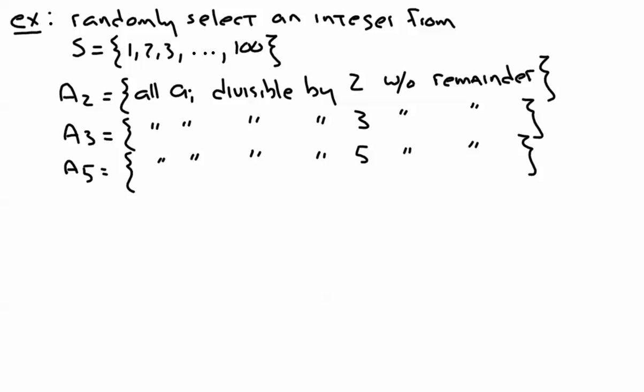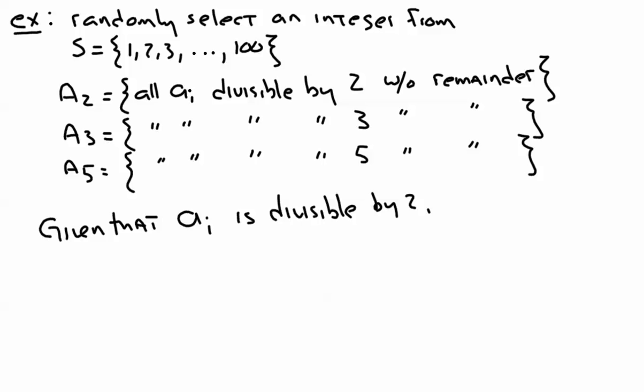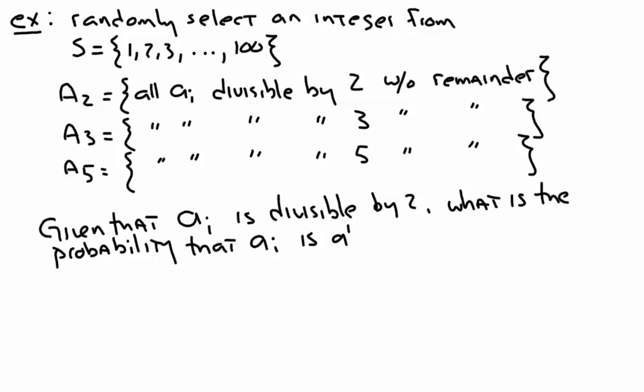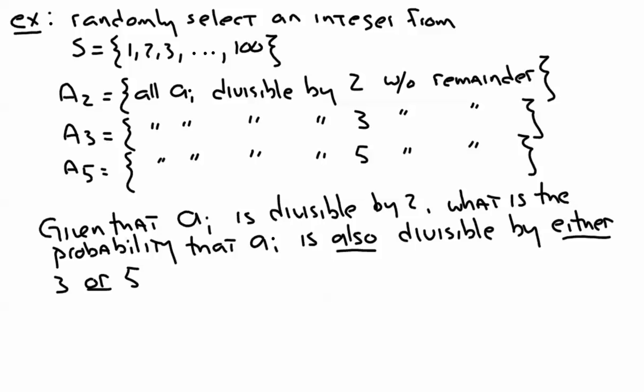And the question we want to answer is, given that my integer, a sub i, is divisible by 2, what's the probability that a sub i is also divisible by either 3 or 5 without remainder?